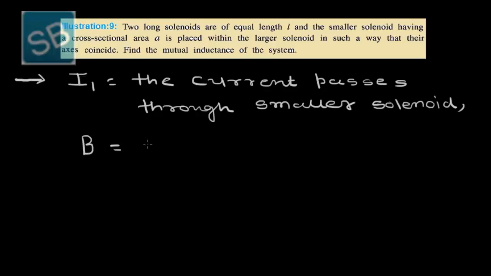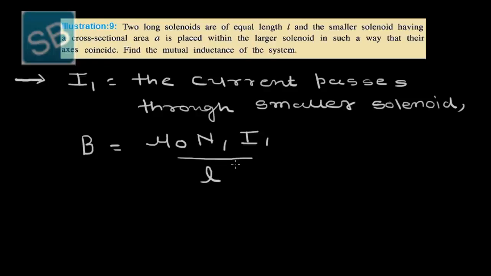So B is equal to mu 0, and I am also considering that there are n1 number of turns in the first solenoid and the current passing through it is I1, and the lengths of the long and smaller solenoids are equal, that means L.